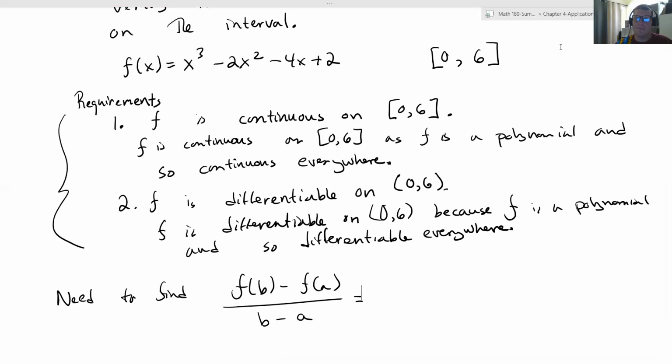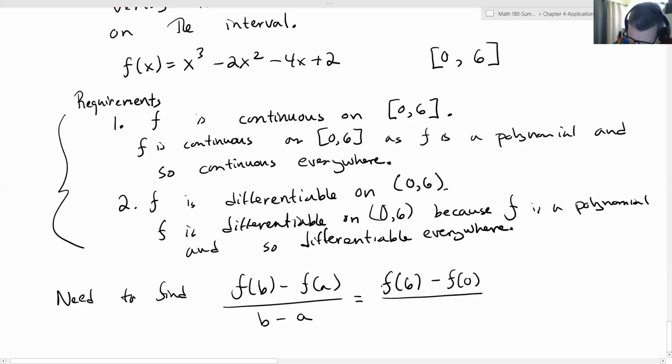So this is f of 6 minus f of 0 divided by 6 minus 0. This ends up equaling 120 minus 0 divided by 6, and that's 20. Very nice.